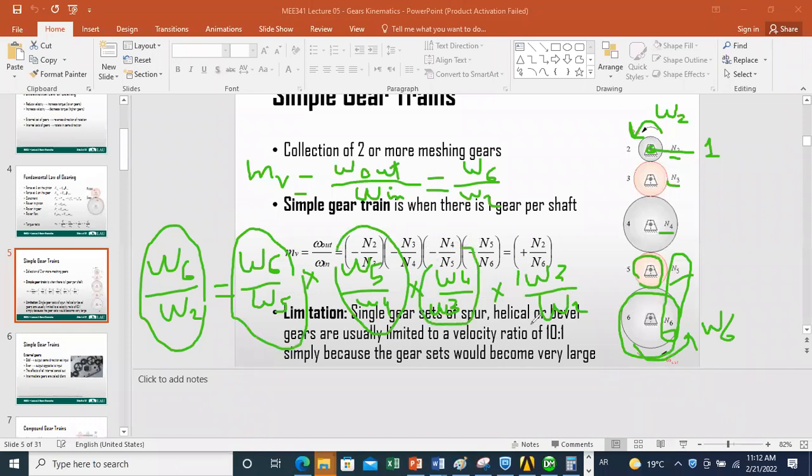Okay, and then we can relate the ratio of angular velocities to the ratio of numbers of teeth. You know that omega_6 over omega_5 is inversely proportional to the ratio of numbers of teeth between 5 and 6. And because whenever you have two gears that are external to each other, you have a negative ratio, it's minus n5 over n6. And you can replace omega_5 over omega_4 by minus n4 over n5.